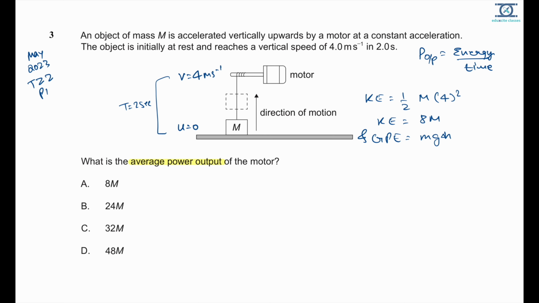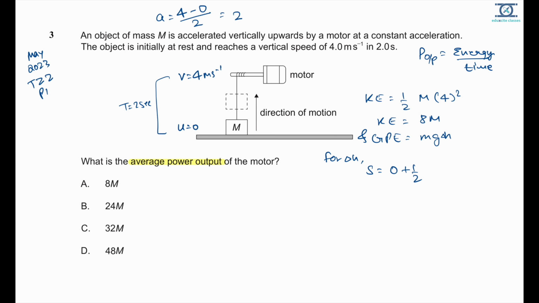Now how much height does the object gain in 2 seconds? For this you will use the SUVAT equation. For delta h, I can say s equals ut, which is 0 because u is 0, plus half acceleration times t squared. Now acceleration will be change in velocity, final v minus 0 because it is at rest, over time 2.